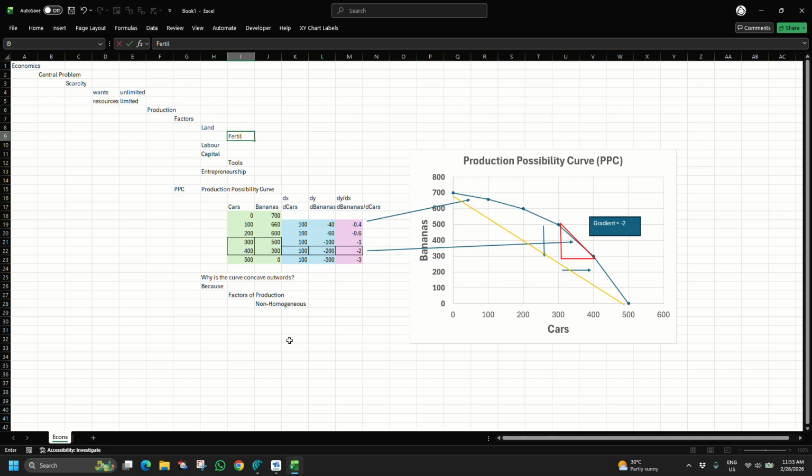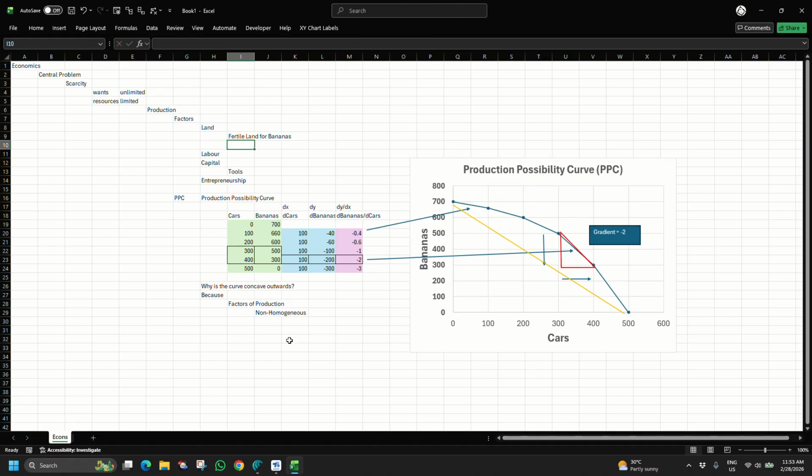You have fertile land for bananas, and then maybe a building with car producing machines already there, right? So the fact that these two things are different means they are non-homogeneous.